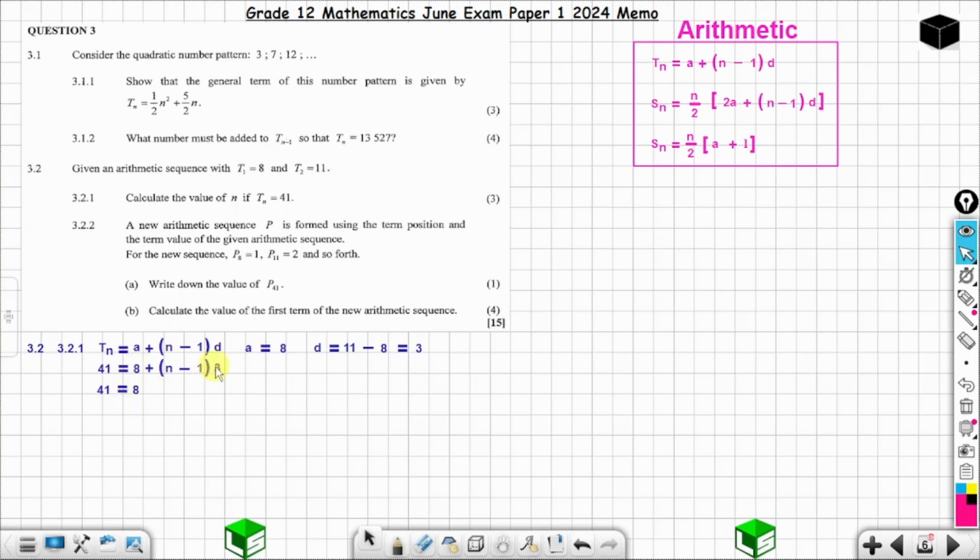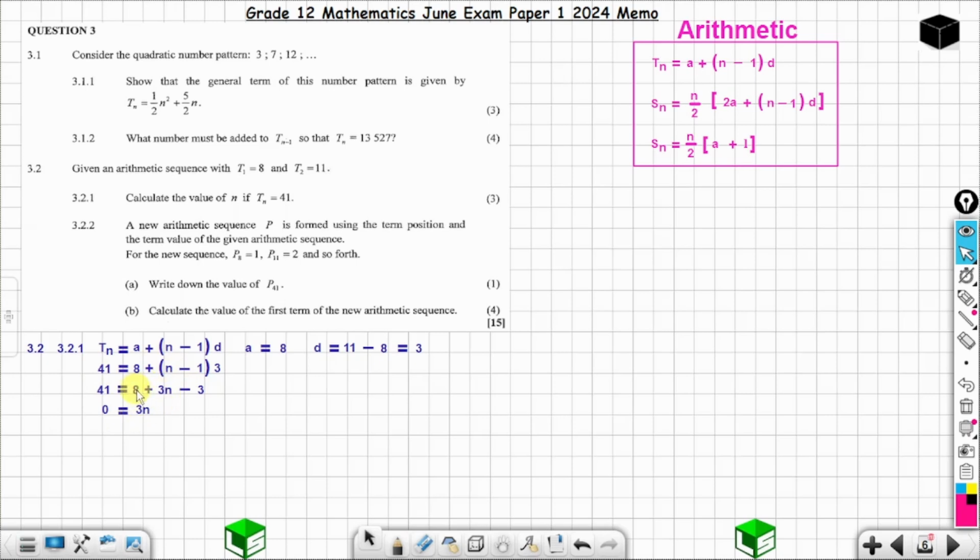Now you have 3 times n, plus 3n, 3 times negative 1, minus 3. Now take 41 to the right. You only have 0 on the left side. This is equal to 3n.